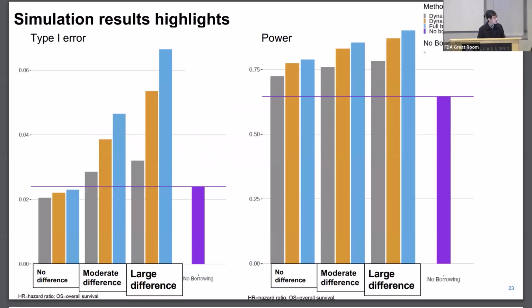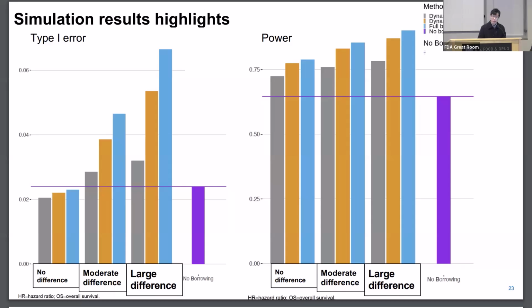So on the left-hand side, you see a plot of type 1 error. And at the bottom, you have different types of scenarios. There's a scenario on the bottom left, which is the no difference, followed by the moderate difference between the internal and the external controls, and also the scenario where you have a large difference, plus the benchmark, which is the no borrowing case.